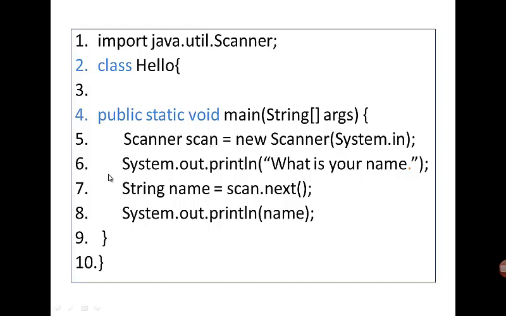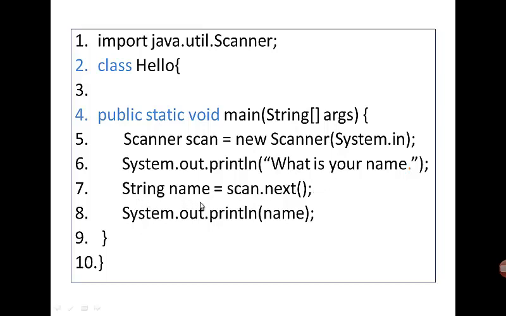And then we have our statement here, System.out.println, where we're prompting the user to input his or her name. The next command here is String name. Here we are going to create a variable to hold the input from the keyboard.